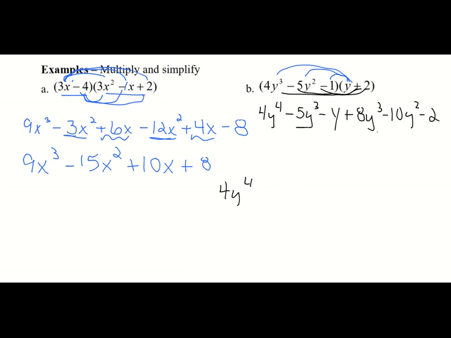But the y cubed, I have negative 5y cubed and positive 8y cubed. So if I add negative 5 and positive 8 together, I'm going to end up with positive 3y cubed. And then we have a y squared, so I'm going to write the 10y squared, but there's nothing else that matches it. And minus y and minus 2.